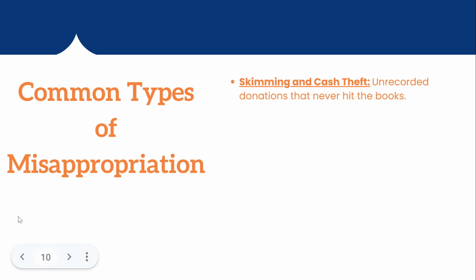Common types of misappropriation and understanding the risk. Now let's break this down: the kinds of fraud nonprofits typically face. One of the simplest is skimming cash. That means when someone pockets cash donations before they're recorded.